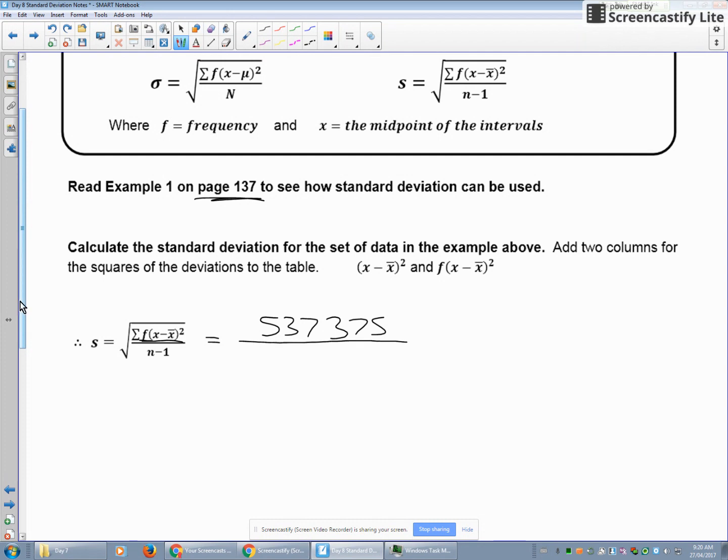We divide it by, there were 20 in our sample, and the formula says it's 20 minus 1. If we put that into our calculator, it generates the result.